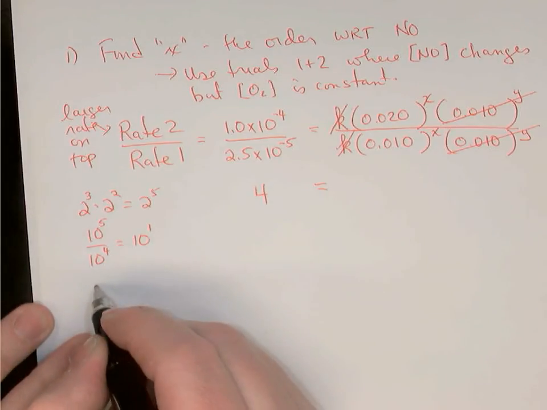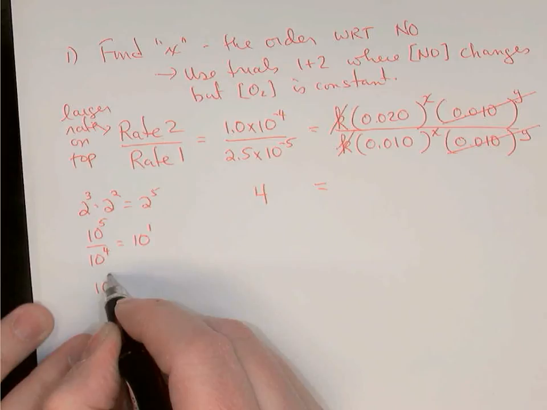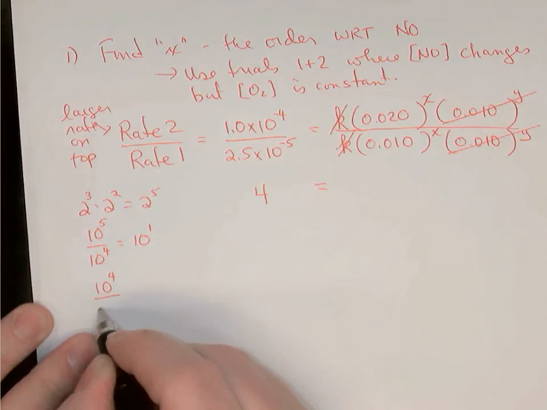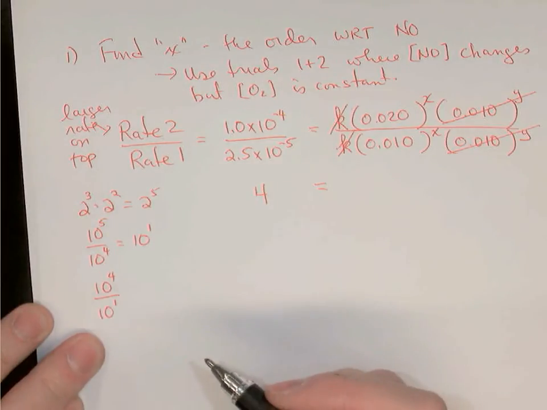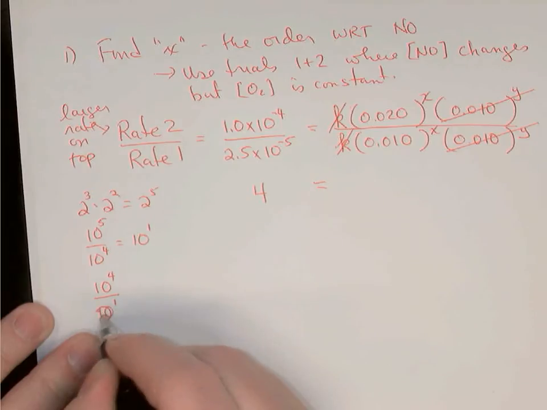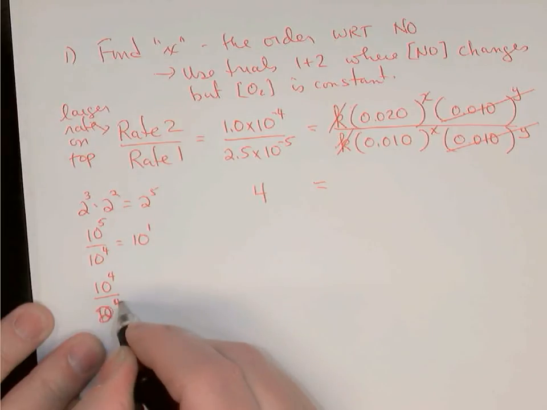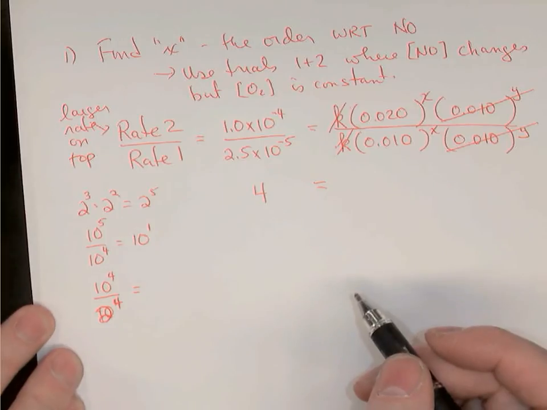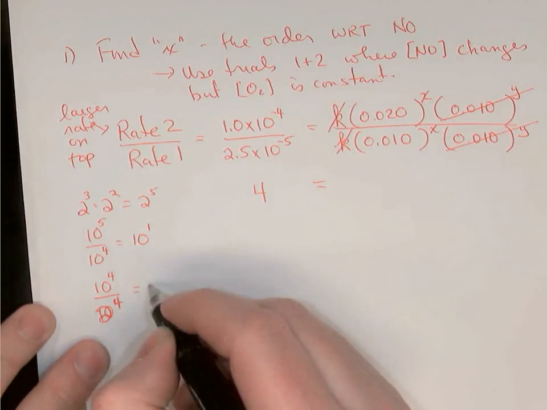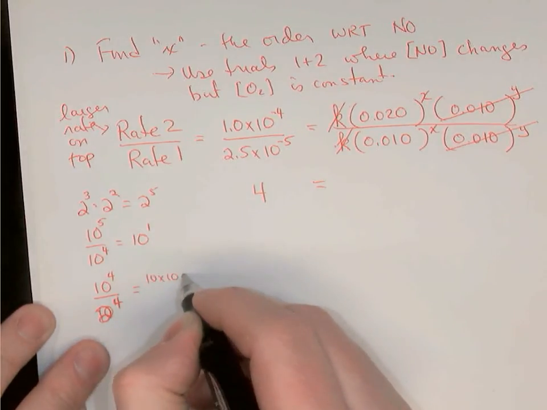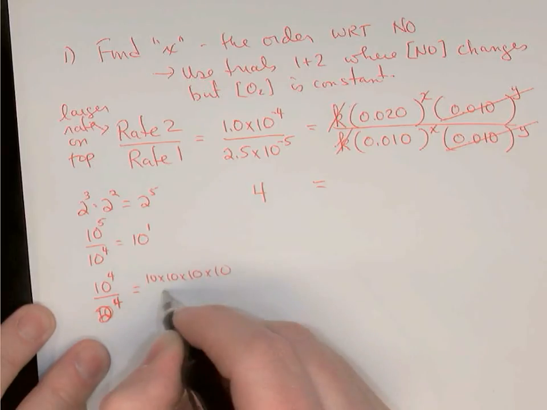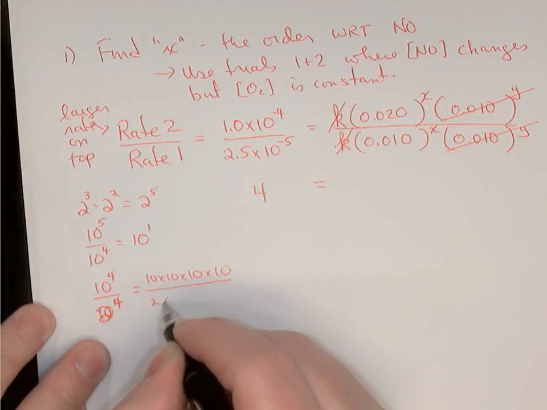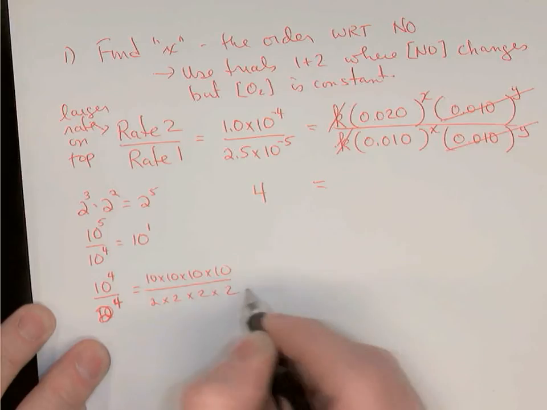What happens if you take 10 to the power of 4 and you divide by 2 to the power of 4? Sorry, let's do that. My mistake. 10 to the 4 divided by 2 to the 4. Well, 10 to the 4 means 10 times 10 times 10 times 10, and 2 to the 4 is 2 times 2 times 2 times 2.